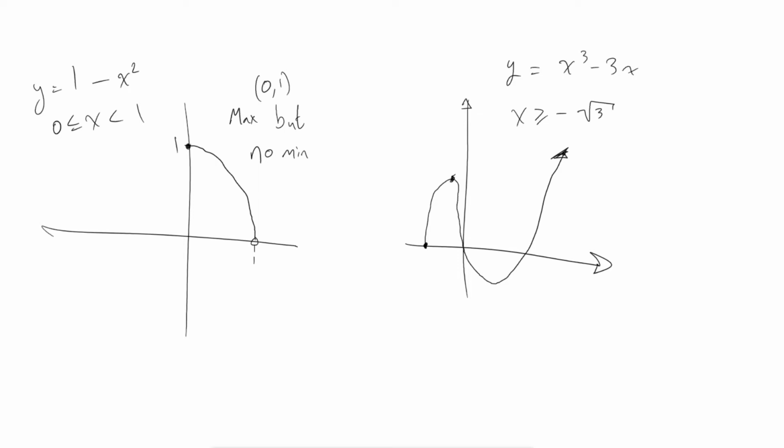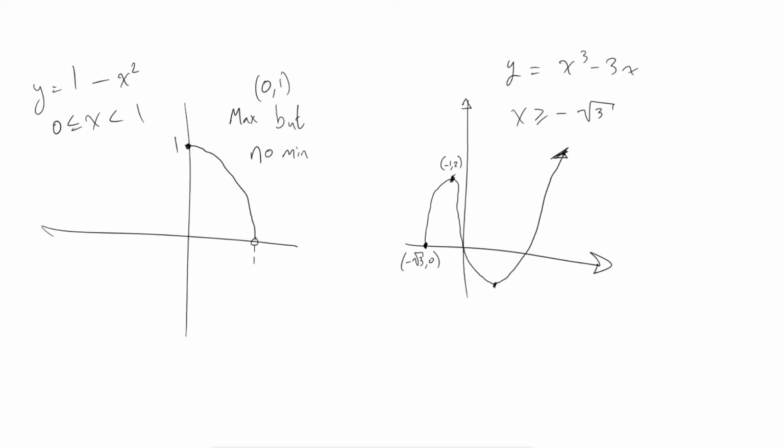So we have a couple of points that are important. We have it cross the x-axis at negative root 3, 0. It has a local maximum here at negative 1, 2. A local minimum, sorry, this is just an absolute minimum.